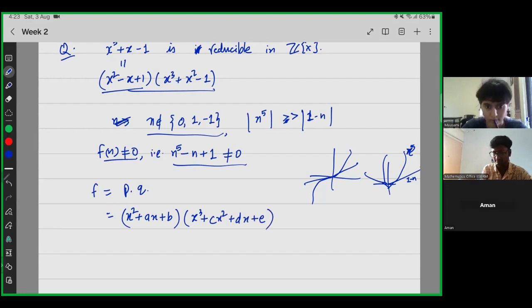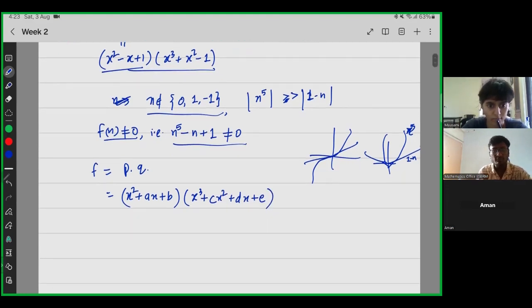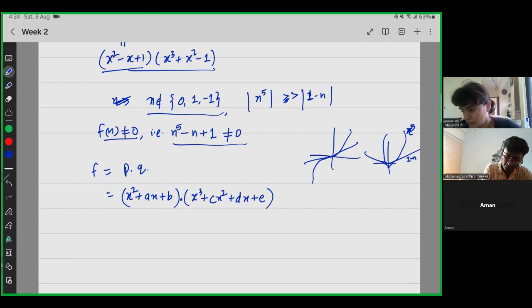Okay. Now we want to find the values of a, b, c, d, e so that the product of these two polynomials becomes f, which is x^5 plus x minus 1.